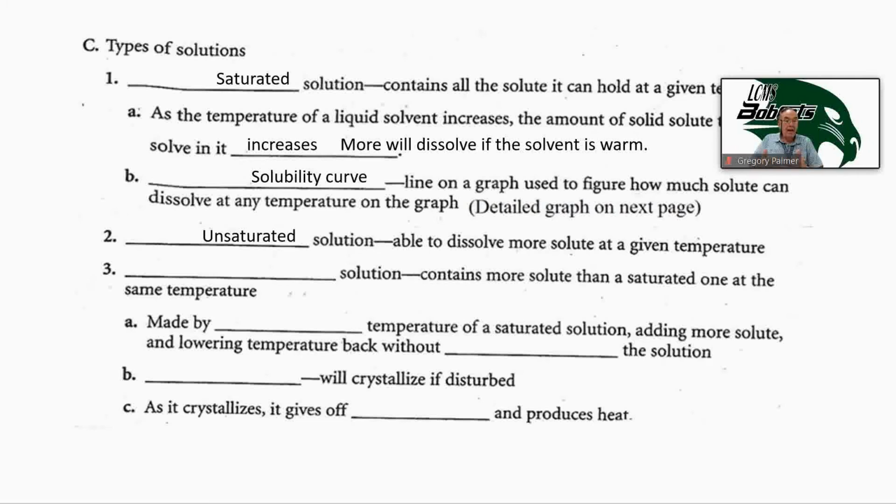So on that last page where we looked at the light pink to the dark colored liquid, all of those were unsaturated, okay? You could add more to it, okay? So we've got to be careful not to confuse saturated and unsaturated with diluted and concentrated. Diluted and concentrated apply to all the unsaturated solutions.